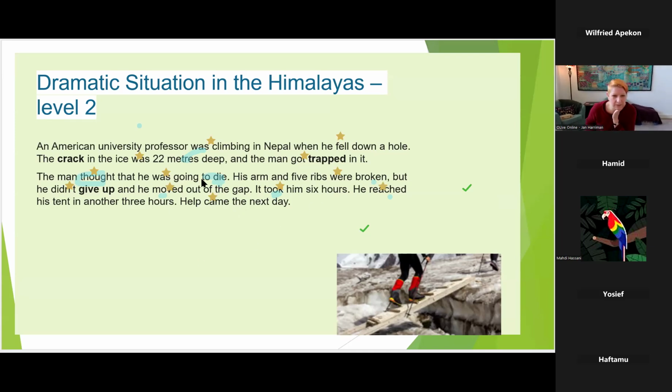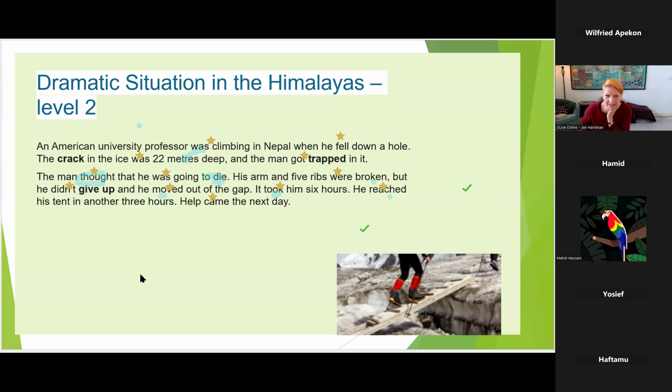The man thought he was going to die. He thought that he was going to die. He thought is a verb. So that's our main verb. What did he think? Okay, so who did what? The man thought. What did he think? He thought that he was going to die.